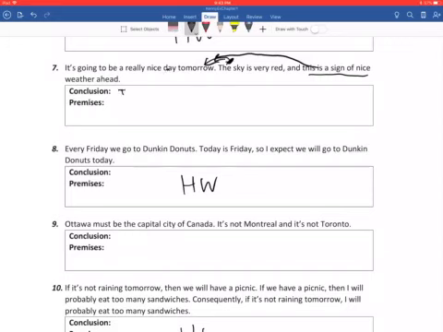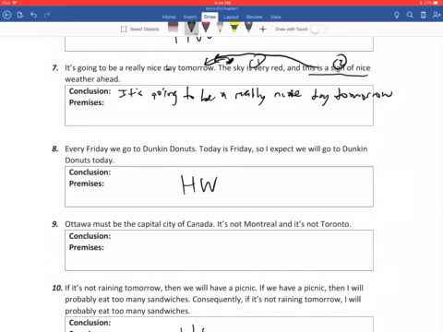So again, the conclusion is it's going to be a really nice day tomorrow. And the sky is very red is one premise, and this, meaning a red sky, is a sign of nice weather ahead. So both of those premises give us reason then to believe or to accept the conclusion.